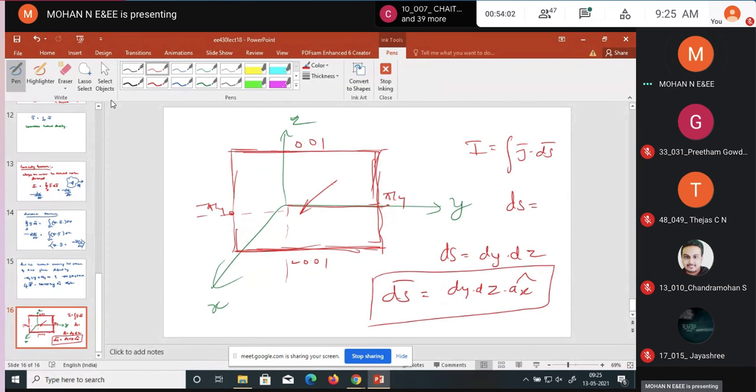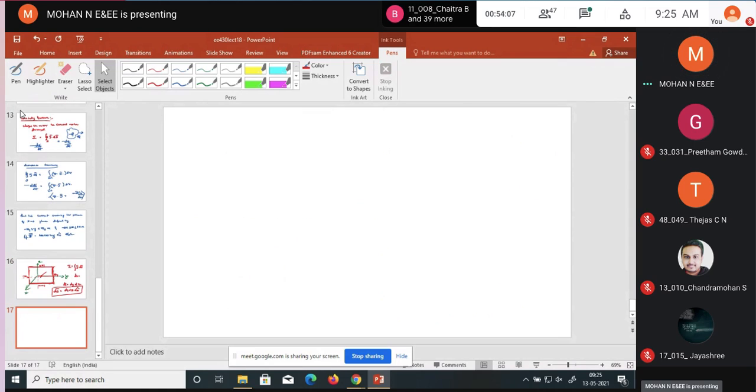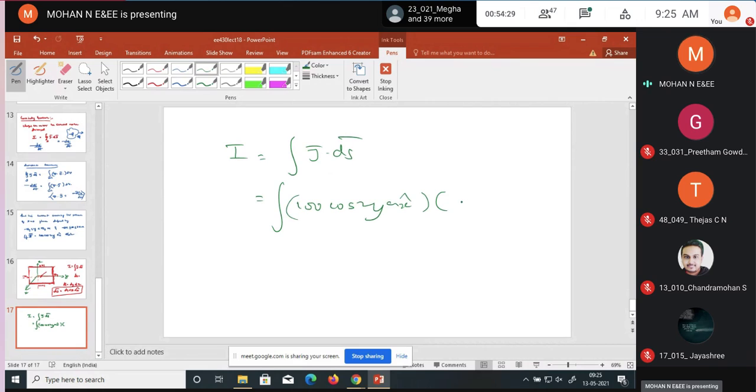Okay, so let me solve this one. So I is equal to J vector into ds vector. J vector is given to you: 100 into cos 2y ax cap, plus ds vector, it is dy into dz into ax cap.